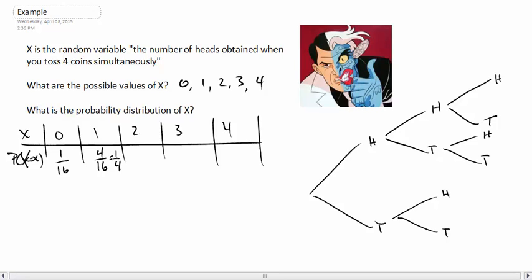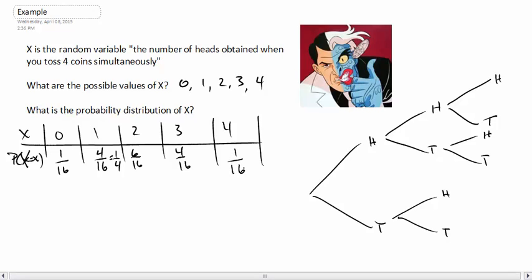What's the probability of getting exactly 2 heads? Well, we'll find that there are 6 paths through this tree where we get exactly 2 heads. What's the probability that X takes on 3? That is, that we get 3 heads? Well, 4 out of 16. And what's the probability of getting 4 heads? What's the probability that X equals 4? That's 1 over 16 again.